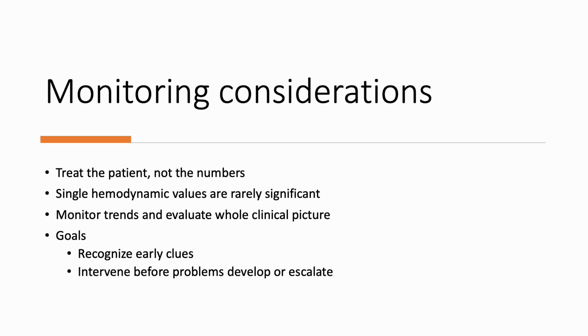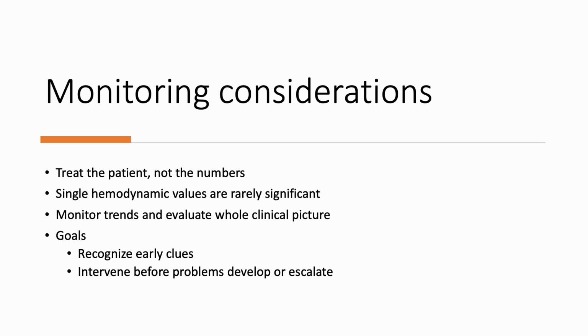I want to remind you to focus on the overall condition rather than the individual hemodynamic values, which are rarely significant on their own. Look for patterns in data over time instead of reacting to isolated measurements. Evaluate the whole clinical picture, and consider all factors that could be influencing the patient's condition, not just numerical values.